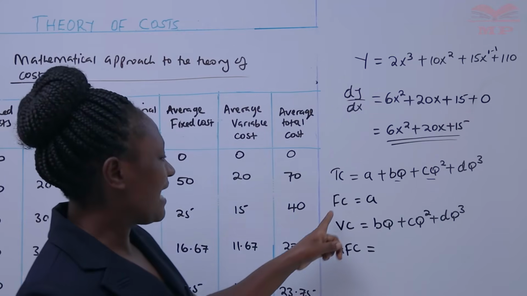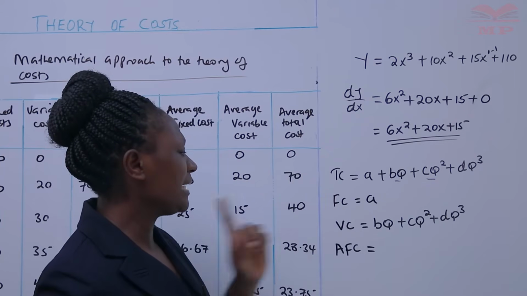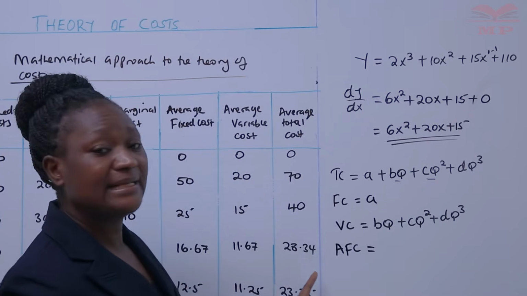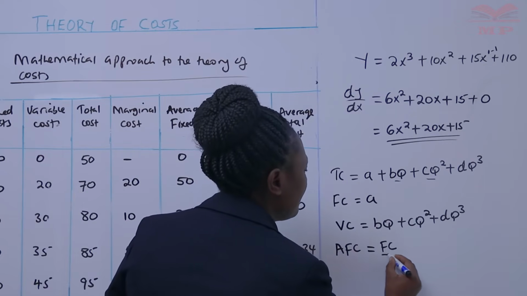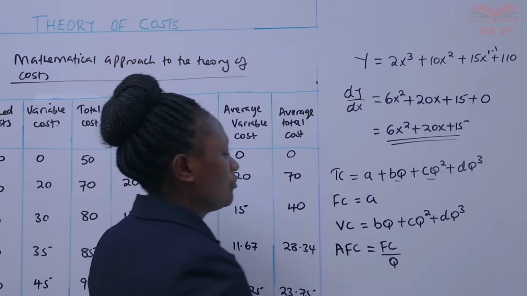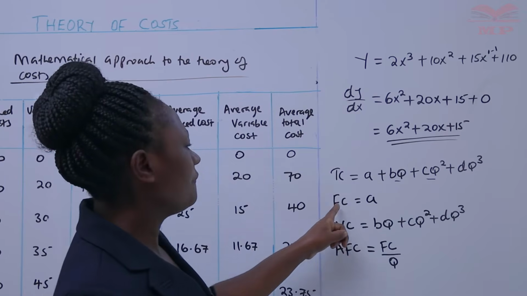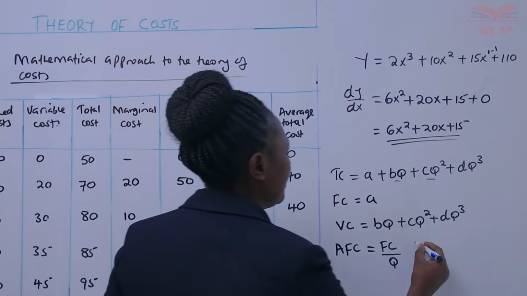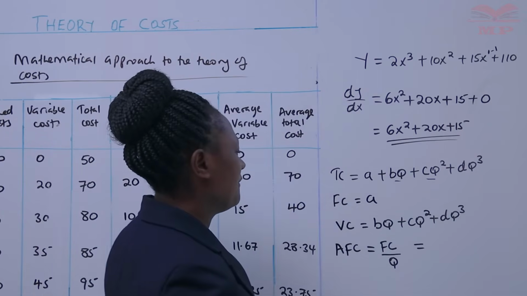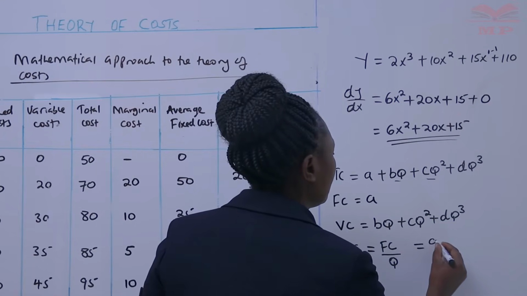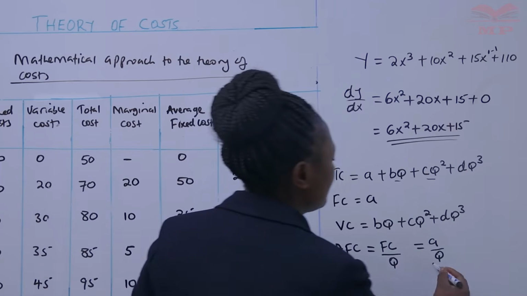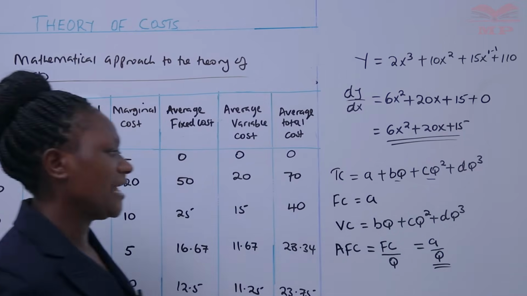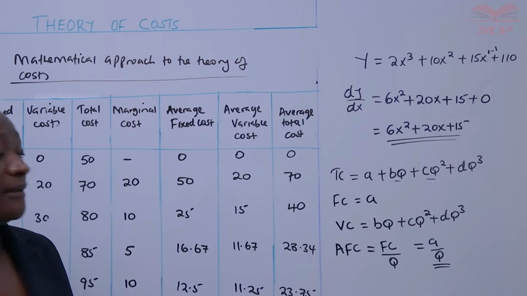We say that our fixed cost equals a, and to calculate average fixed cost, it will be equal to fixed cost divided by Q. So if our fixed cost equals a, then our average fixed cost will simply be equal to a divided by Q. And this will be our average fixed cost.